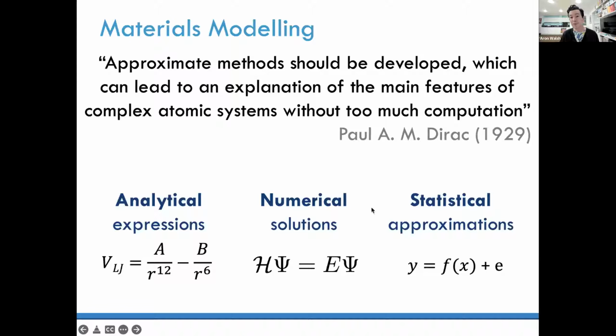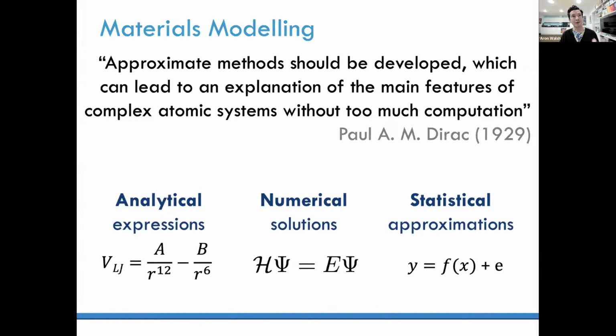And then more recently, we have a whole new set of statistical approximations. Using machine learning, we can also describe interactions between elements. We can describe structure and composition property relationships. And this is really taking advantage of machine learning models as function approximators.